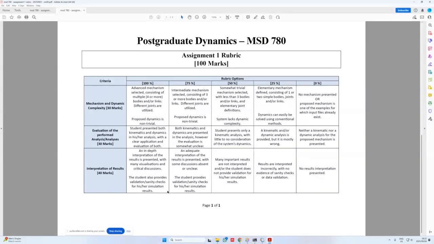So if you are interested in using assignment 1's mechanism for assignment 2, keep that in mind at this stage, but don't worry too much about the optimization at this stage. That is still a study theme that we're going to cover a bit later on in the year. It's actually not the next lecture, the lecture after that, we're starting with the optimum design application examples.